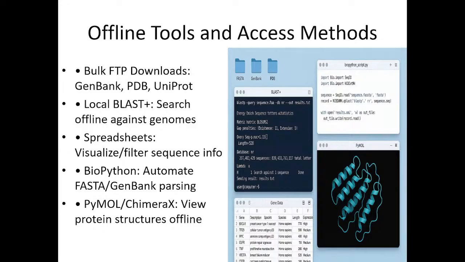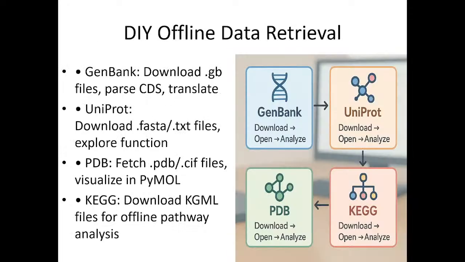Then you make use of Biopython, which is used to automate tasks faster, as well as GenBank parsing. Then you can also make use of PyMOL. All these you can download even before you get to making use of these tools. So you need to know this.